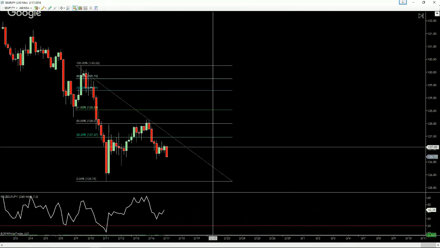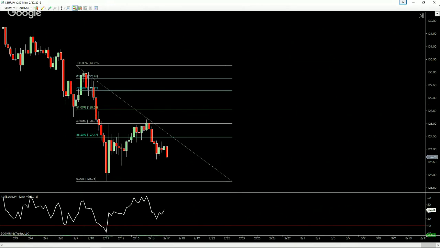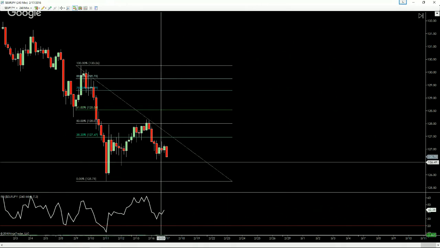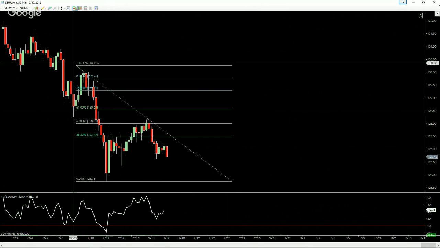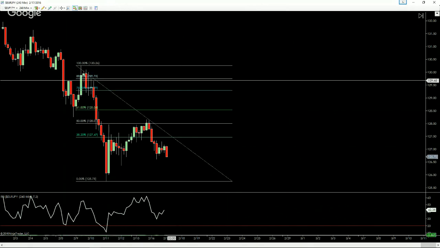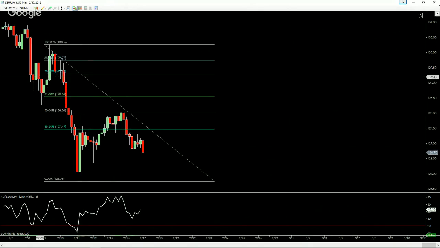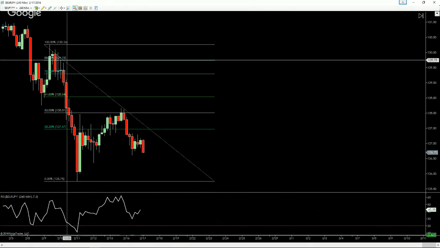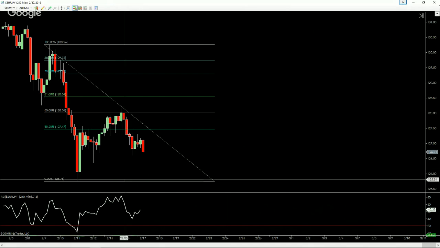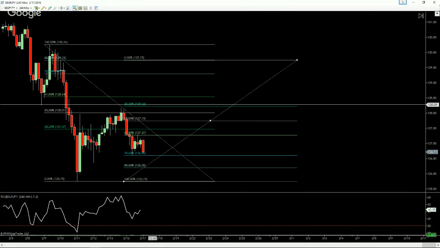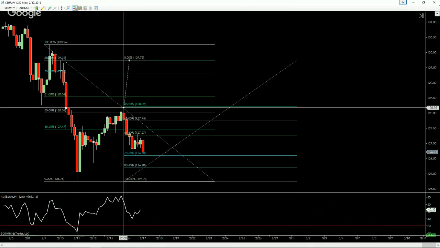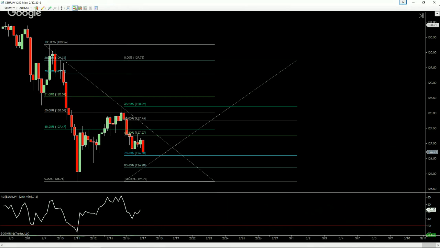All right, we also have a possible bear bat pattern on the 240. We do still need this price to come back up, violate our B leg for that pattern, and complete in the 88.6. That will be at the 129.75. First targets on that would be the 153.